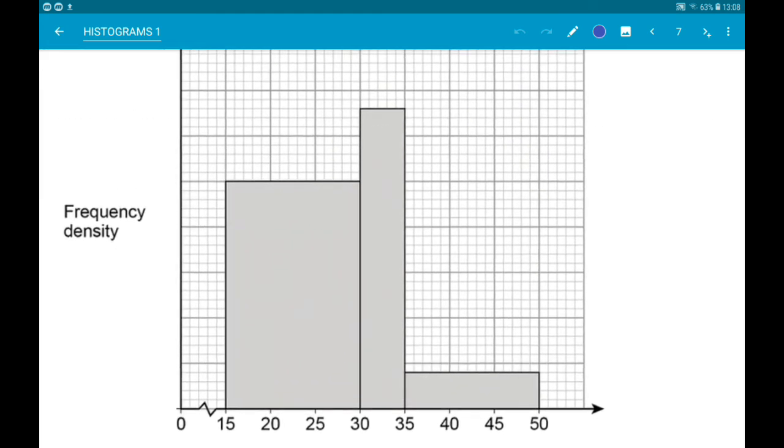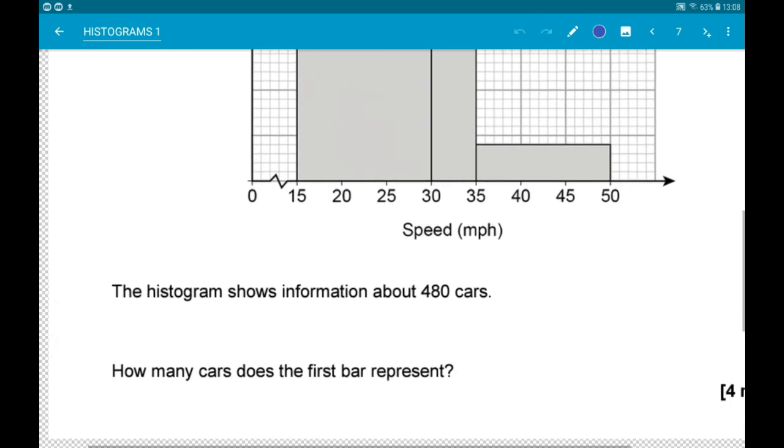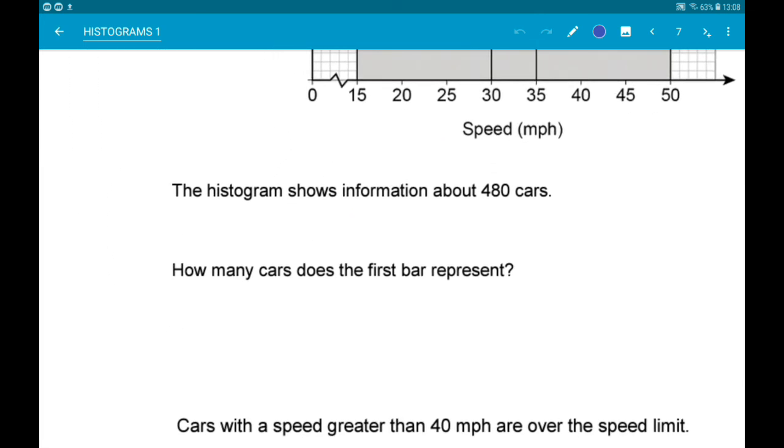Given that the bars don't just go up to nice whole 5 little squares, I'm going to set 1 little square equal to x.